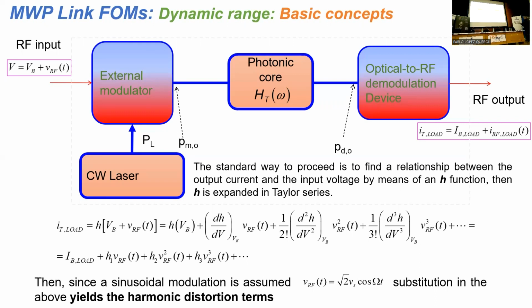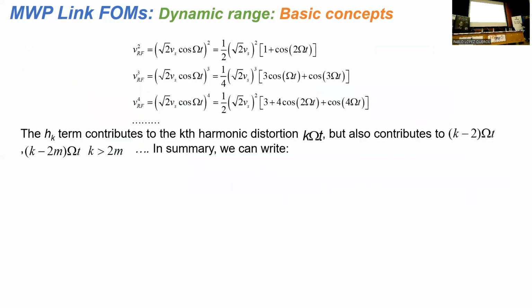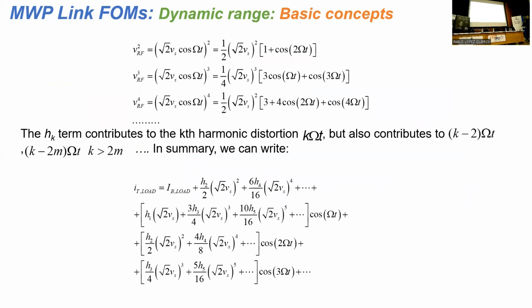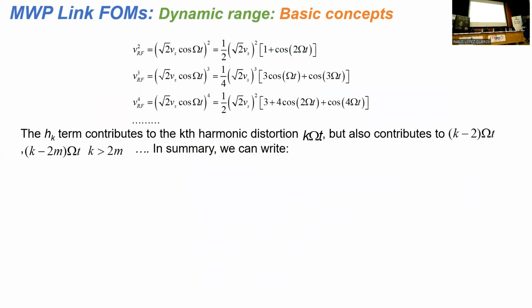A very simple example is to say, okay, my input signal is going to be a humble sinusoid. Let's see what happens if I substitute this into this monster equation. If you do that, first of all, you have to compute the powers of your voltage, and you will see that as you increase the power, things start to get complicated.